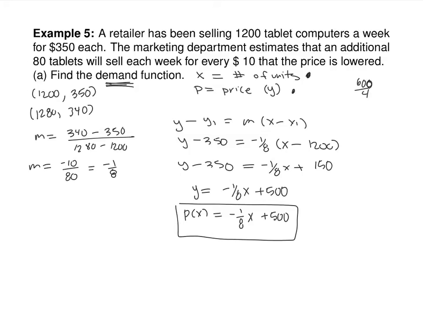P is the price of those units. So you plug in how many units you're selling or want to sell and figure out what the price should be. So if you want to sell, I don't know, 400 of those things. I thought it was telling us how much we'd sell if we dropped the price 10. It's not. Yep, that's definitely not what it's telling us. It would if you solved it for x. Yep.